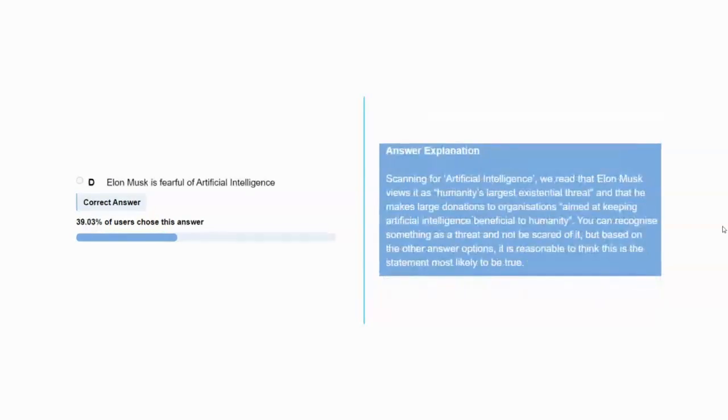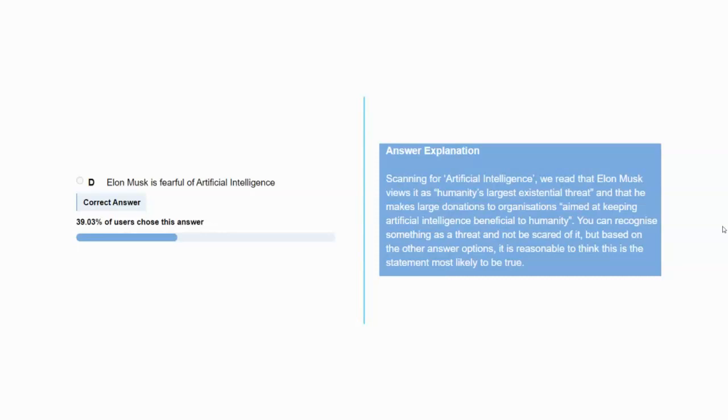Okay, next one. Fearful of artificial intelligence. No one got that right. On the last sentence, it says humanity's largest existential threat. So basically, it refers to it as a negative thing, and that's why you can put D. With the, I think it was B you guys picked, on that sentence you're assuming that it's the motor industry.